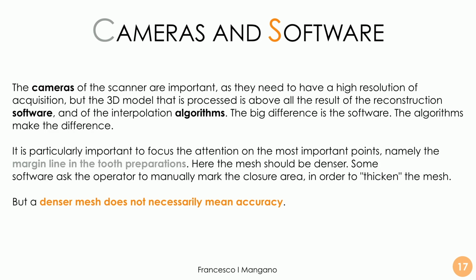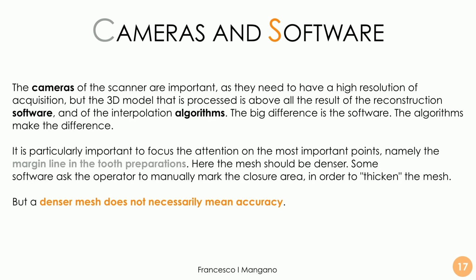They demonstrated that the clarity of the margin line changed in relation to the resolution of acquisition. So if the resolution of acquisition is higher, for the dental technician it's easier to see the margin line, and therefore to draw the margin line and the closure of the future restoration better.